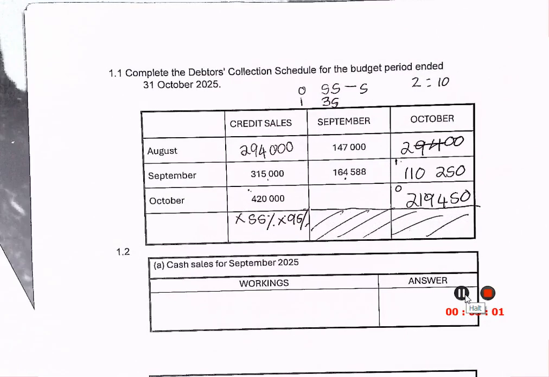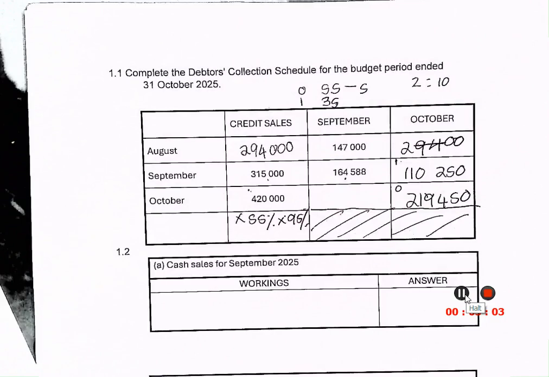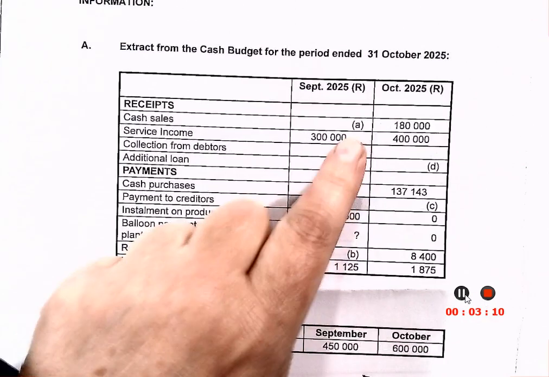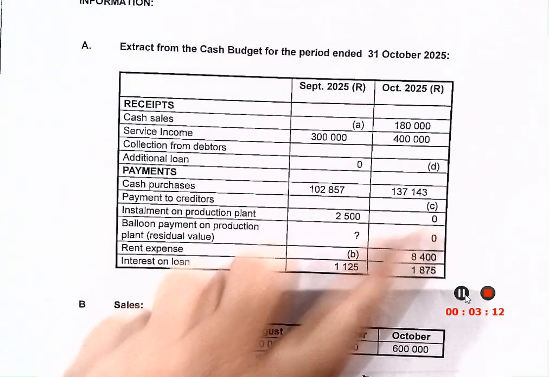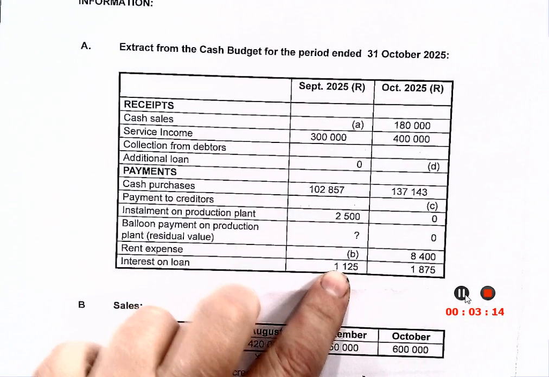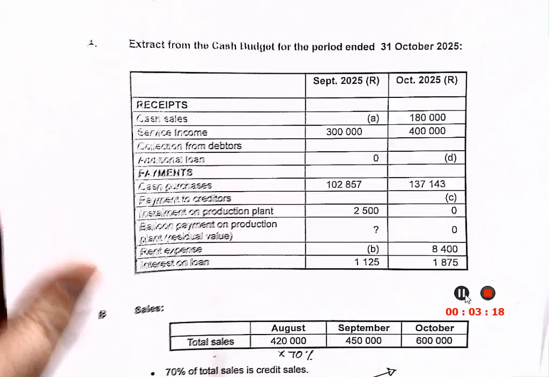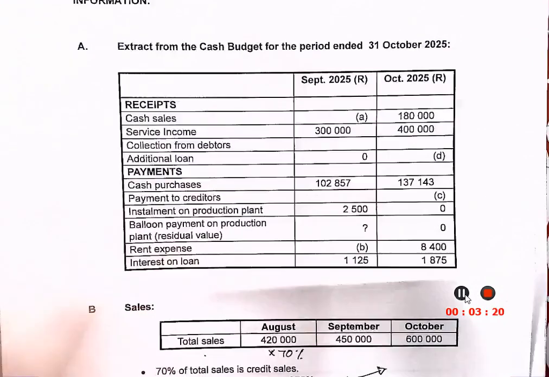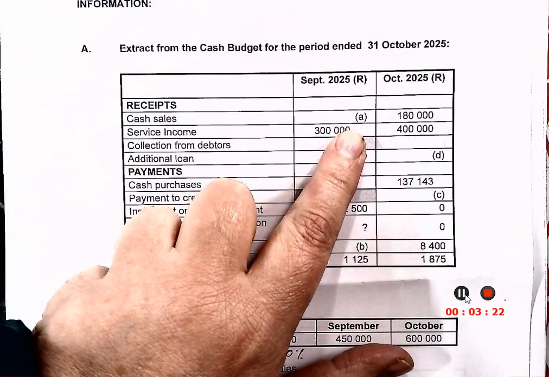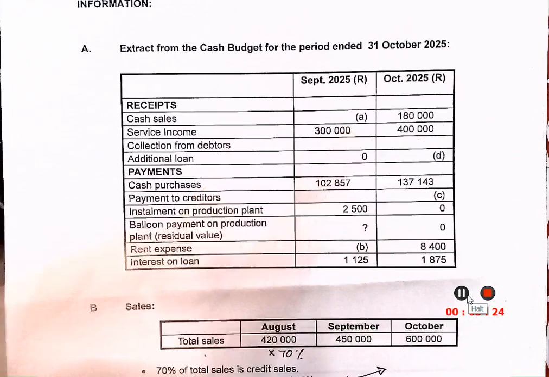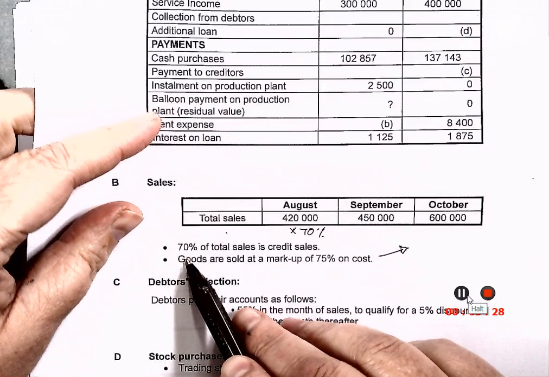Now, can you see what they do is they literally give you the budget. It's already done. But now they left out certain amounts and they ask you to calculate those amounts. Right. So, they say calculate the cash sales for September. Now, what do I know? Credit sales is 70%.